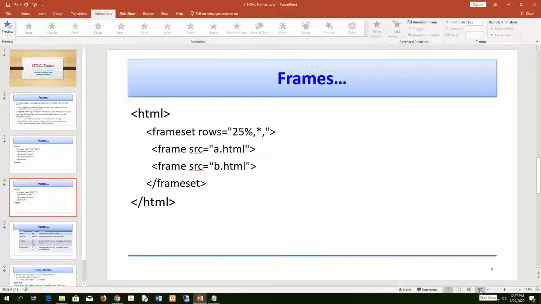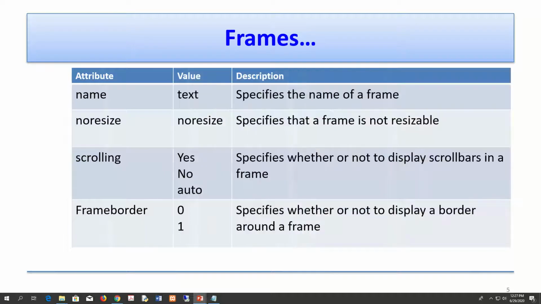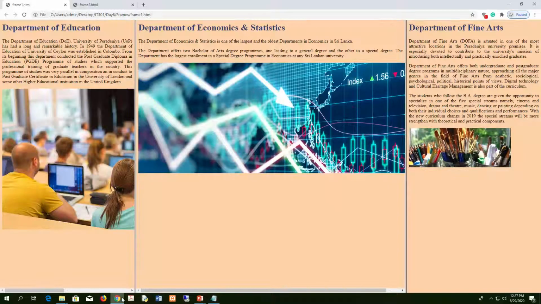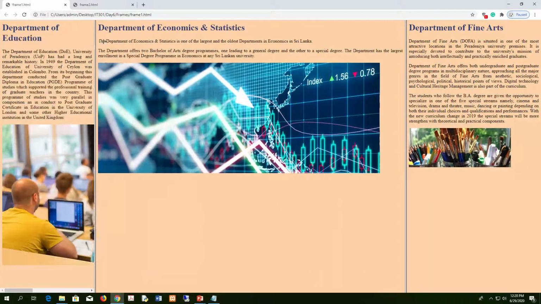Okay, so let's see what attributes we have in the frameset tag. There's an attribute called name. We can specify a name for a particular frame, and at the same time there's an attribute called noresize. That means even when we set the percentages, we can resize this frame, right?